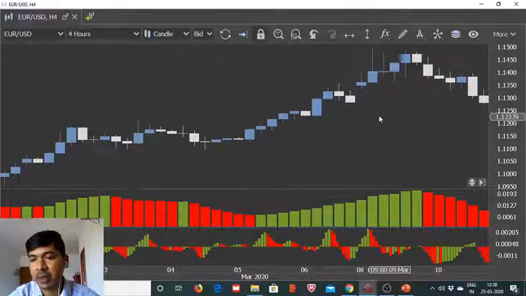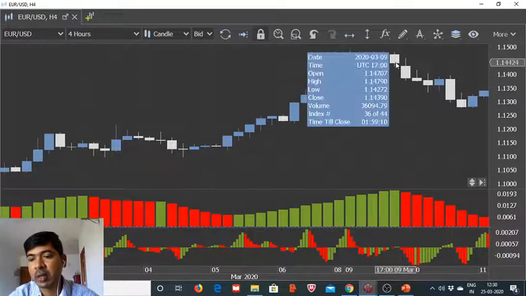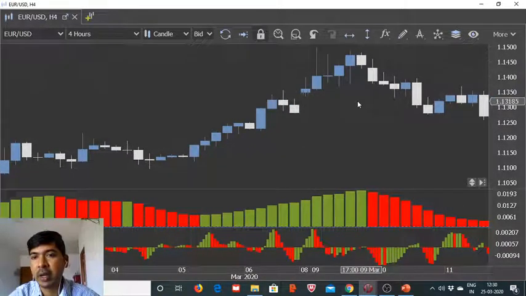But then I think here also one more time the trade will happen at 19 GMT, and 19 GMT is somewhere here, and this time around most probably our trade will end up in loss.